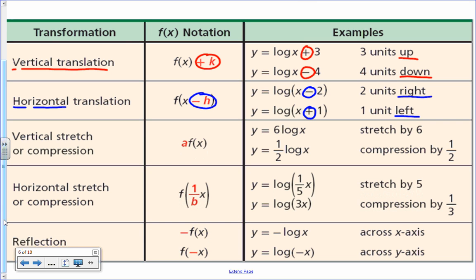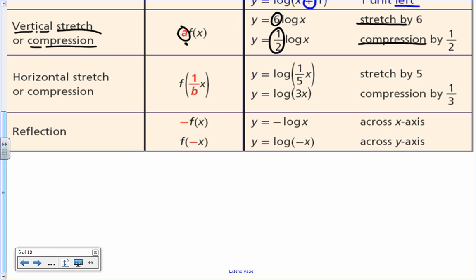Stuff that's vertical is on the outside. If it's multiplied like that a is, you have a stretch or compression. Okay. If you have a whole number like 6 right here, it's a stretch. If you have a fraction like 1/2, it's a compression on the outside or normal. Okay. If you look at the next one, it's got multiplication inside by a fraction or a whole number.